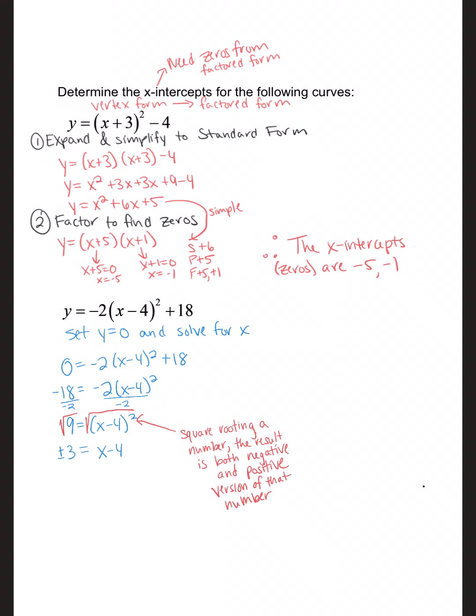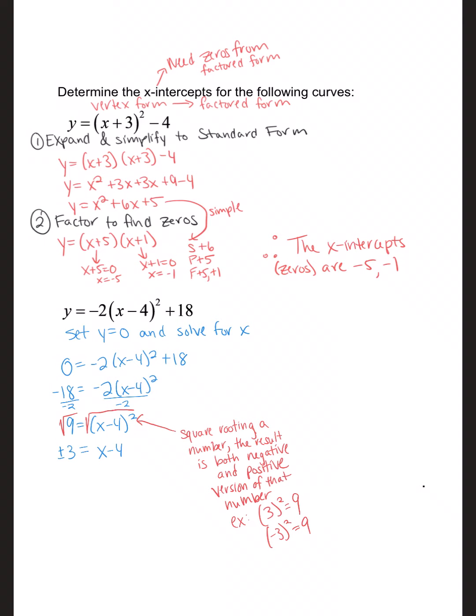Okay, because what I mean by that is if I was to take a positive 3 and square it, because remember squaring something is the opposite of square rooting it, it equals a positive 9. If I was to take a negative 3 and square it, it also equals a positive 9. So it makes sense when I square root something, right, then I have to take into account that that number could have been a positive or a negative 3 that got me to that 9.